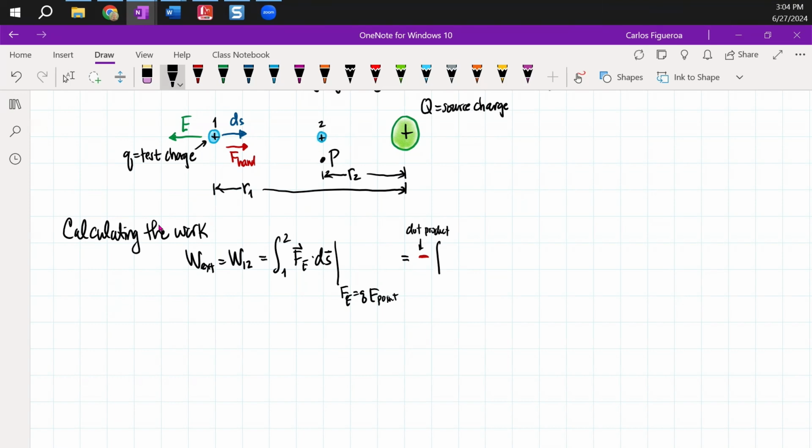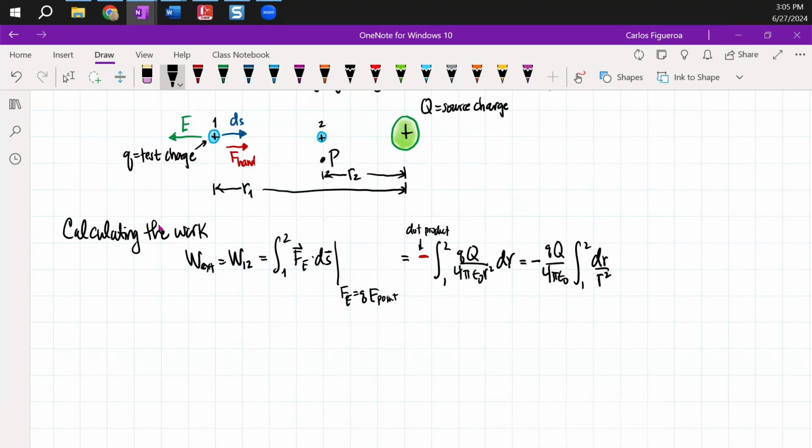So now I am integrating from 1 to 2, and now I have the electric field, and then I have dr right here. So let's go through the integrals. I'm going to factor out all of the constants. So then I'm going to get minus 1 over 4 pi epsilon, little q, big Q, and then I'm integrating dr over r squared.